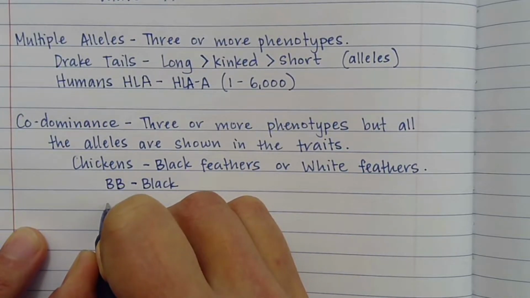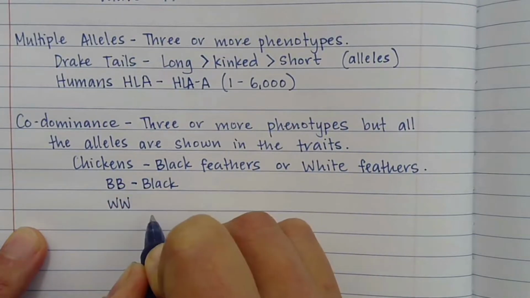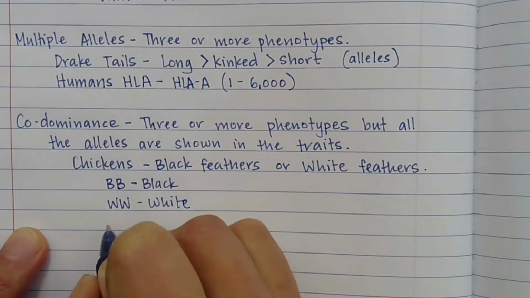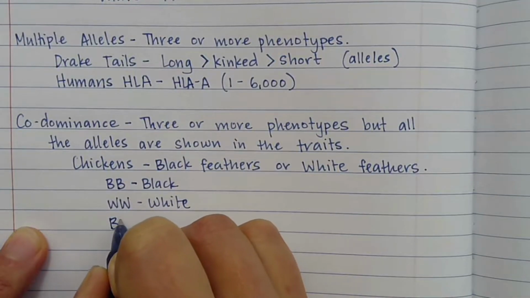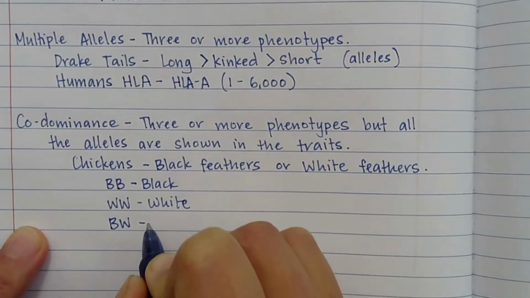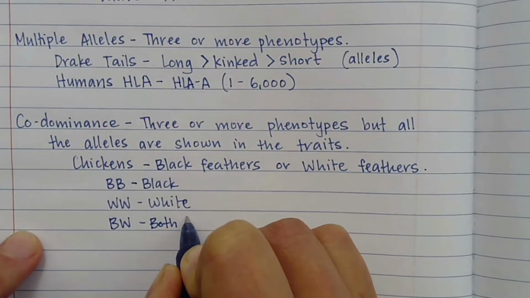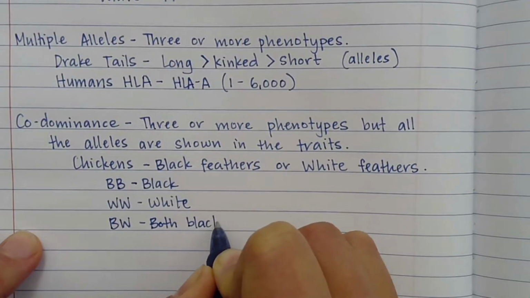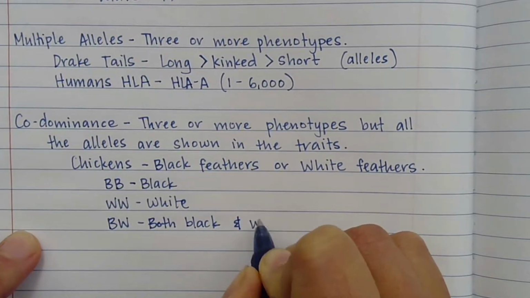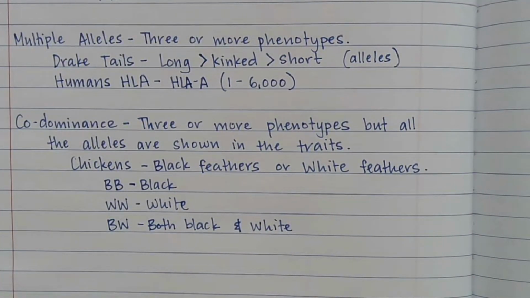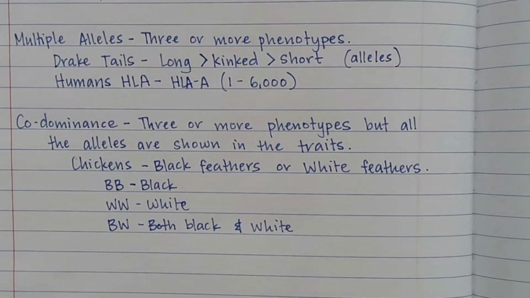If you have big W, then you have white feathers. But if you have one big B allele and one big W allele, then you would have both feathers that are black and feathers that are white. So you get a combo of traits. With codominance, you get that combo of traits, and that is actually super interesting.